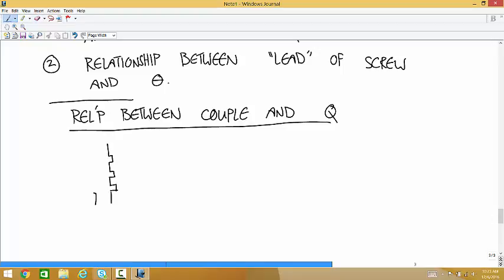So if this is the screw, think of a radius as the distance from the outer edge of the thread to the axis of rotation of the screw. That's lowercase r.